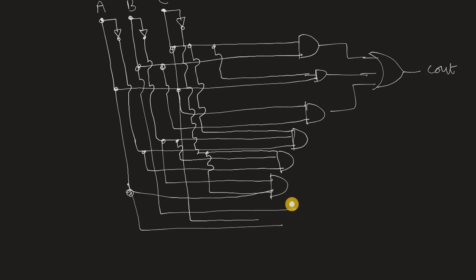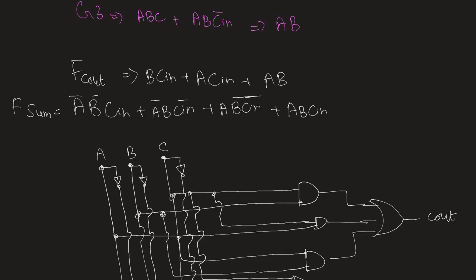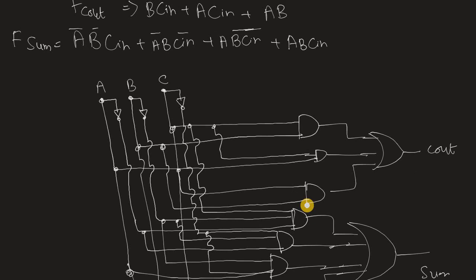Next we can combine these all together using the OR gate, because there's the OR in front of them, combining them all together. So we put the OR gate here, and that's for the sum. And this completes our ugly diagram for the full adder.